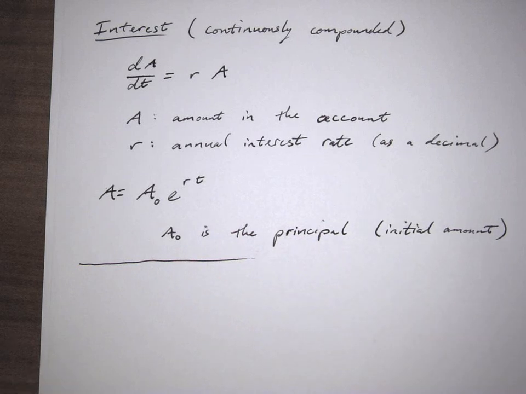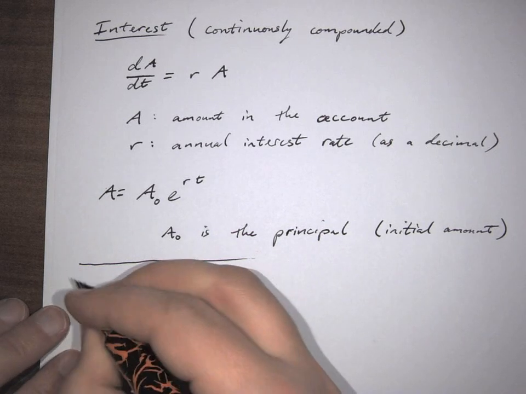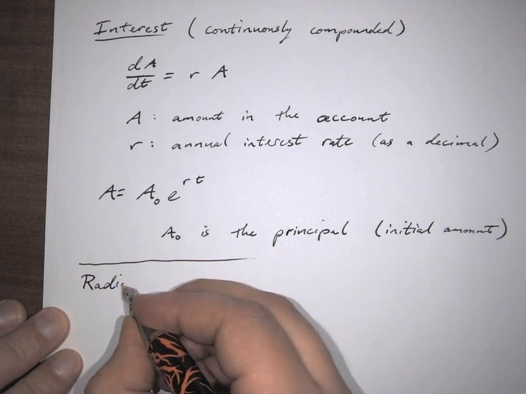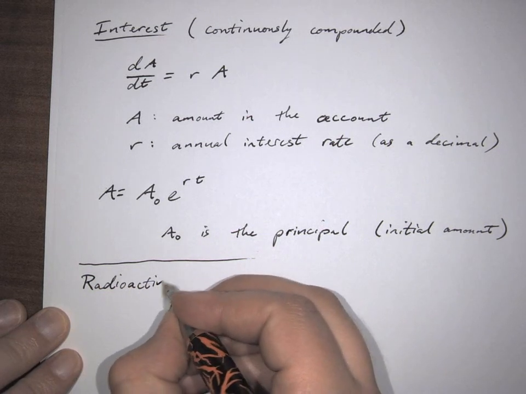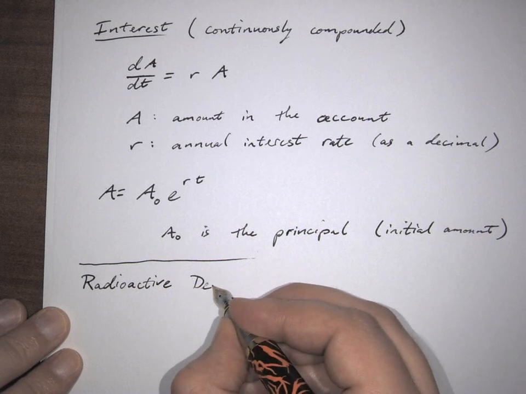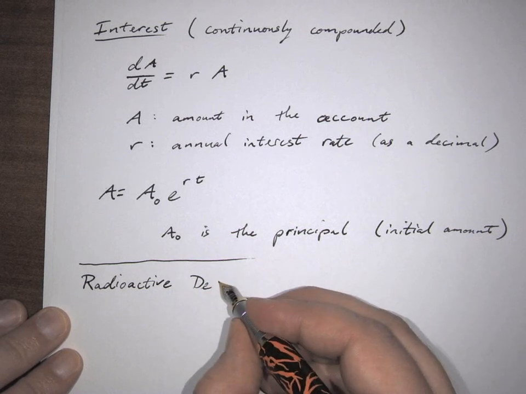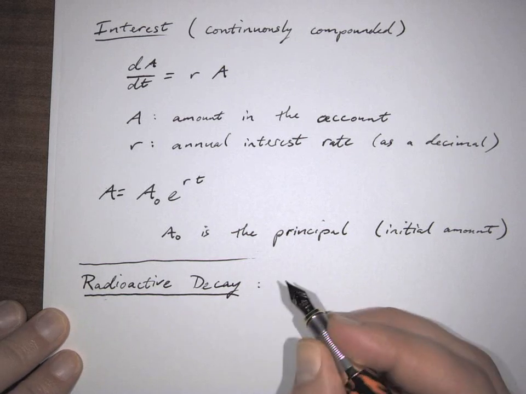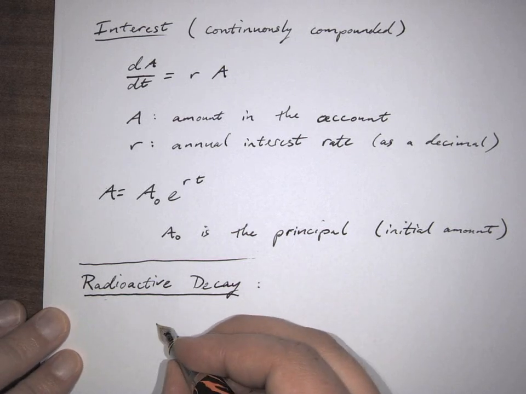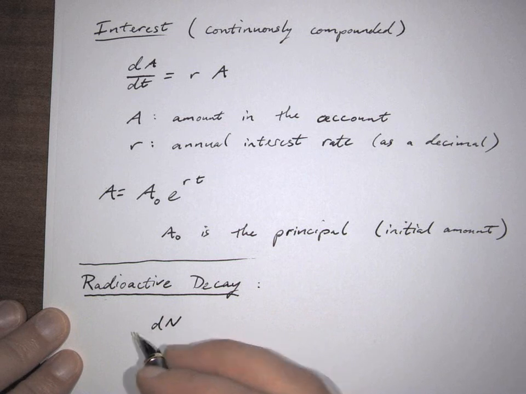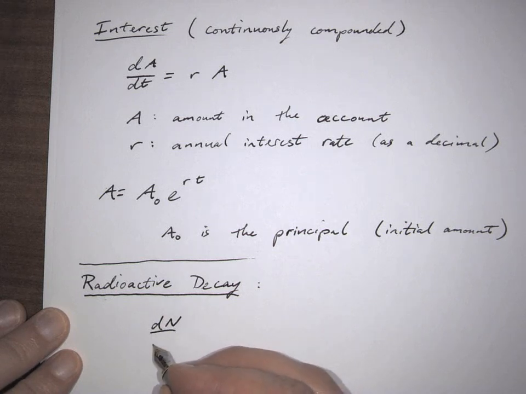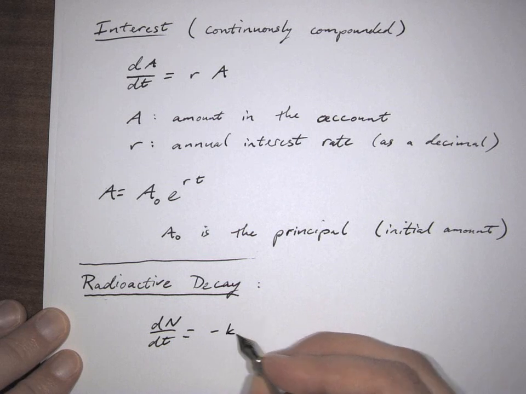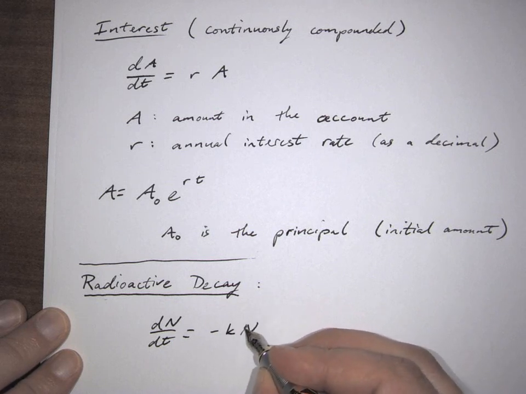And then another similar case would be radioactive decay, where dN/dt is equal to negative kN.